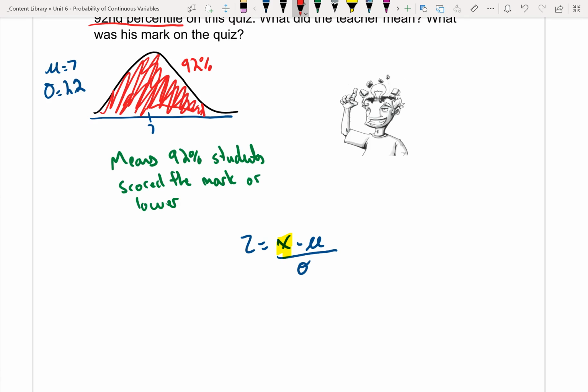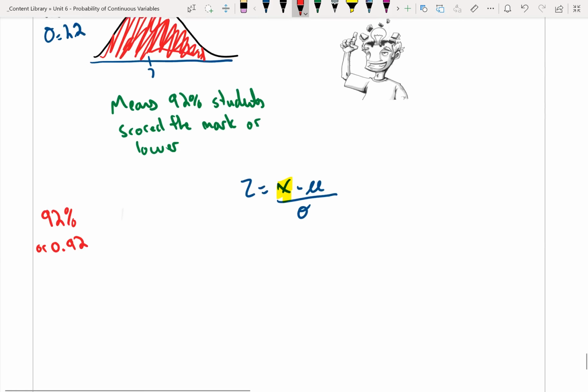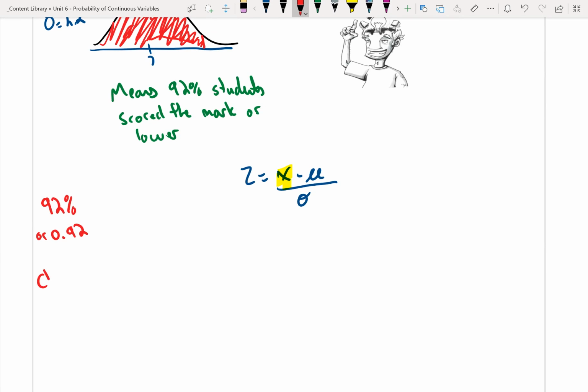So what I have to do is look for 92% or 0.92 in the chart. I'm looking on the internal part of the chart because I'm trying to find 0.92, and I should get a z-score of 1.41. So that's my z-score.